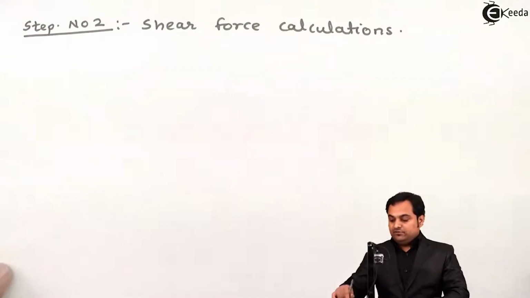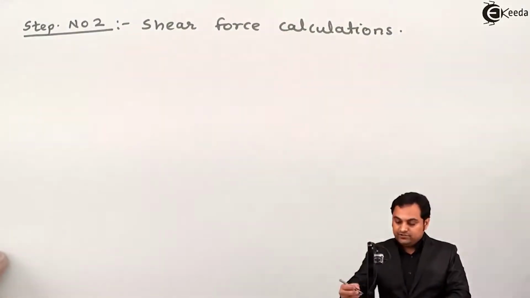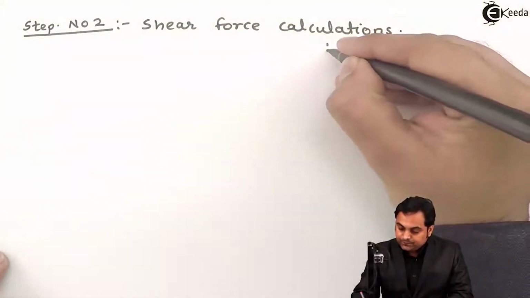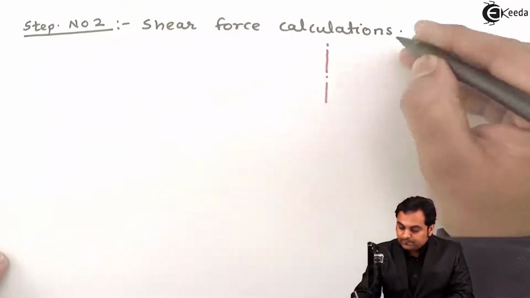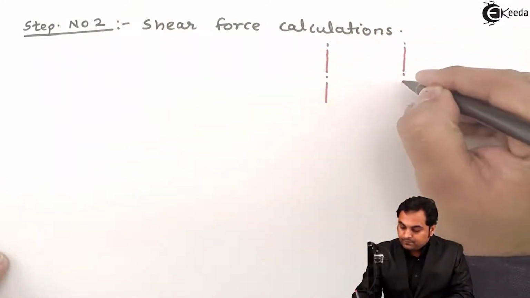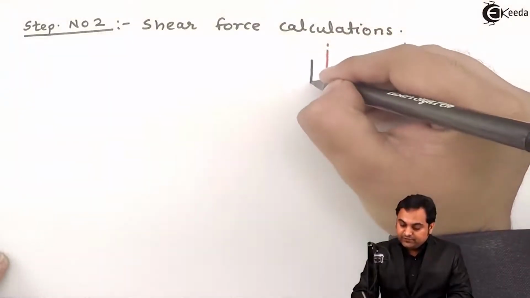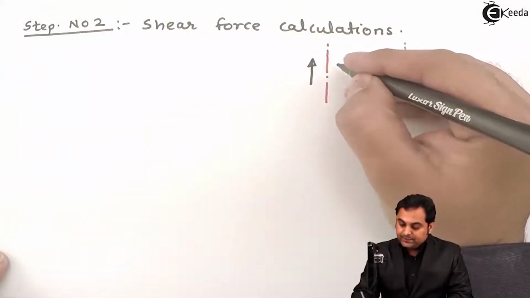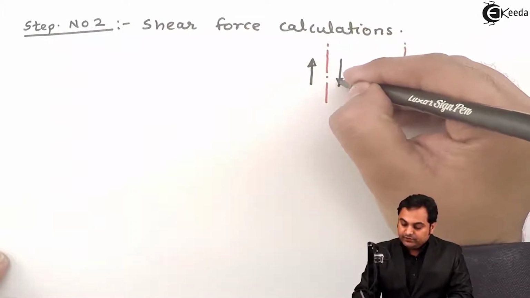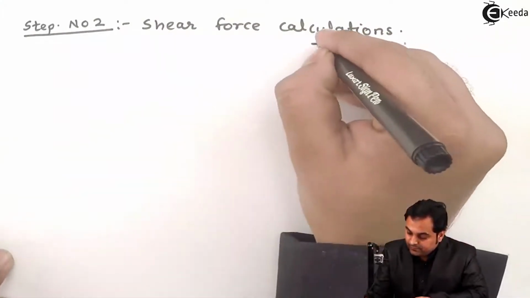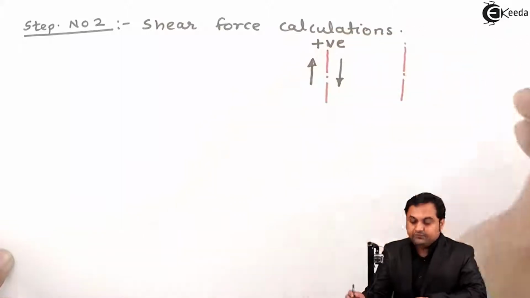And for shear force calculations we have to use the sign convention first. So any force which is acting to the left of section in upward direction, to the right of section in downward direction, both are treated positive.